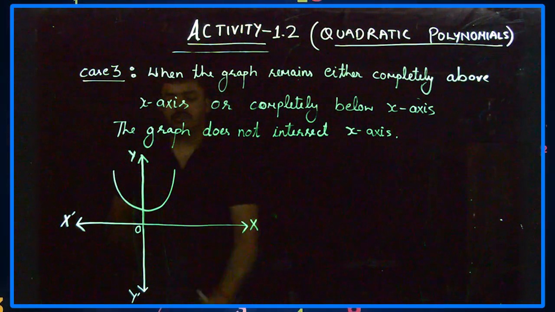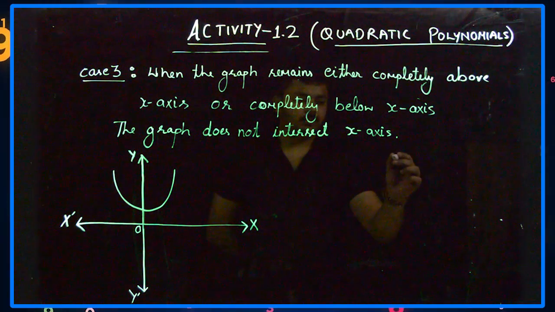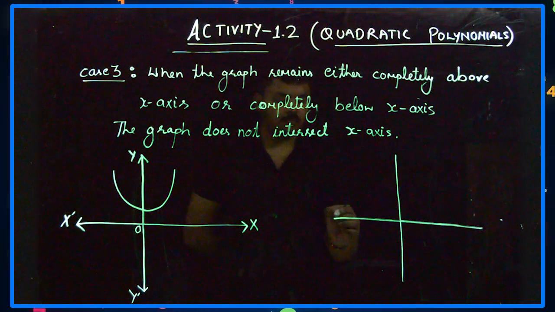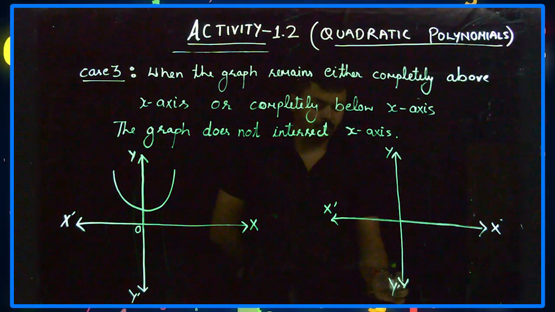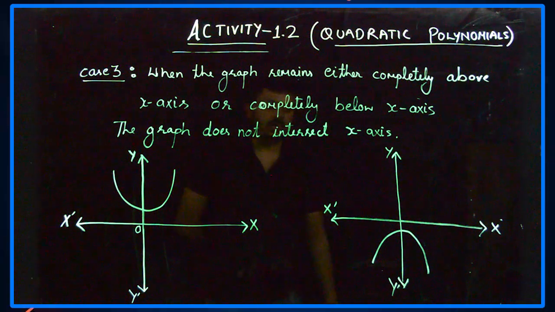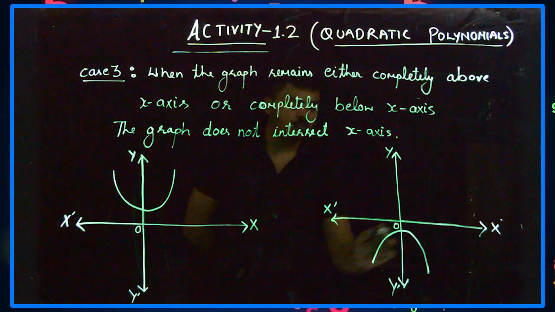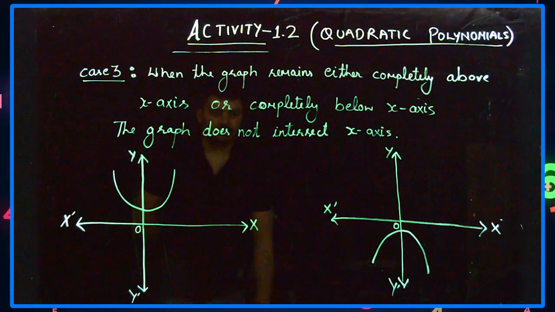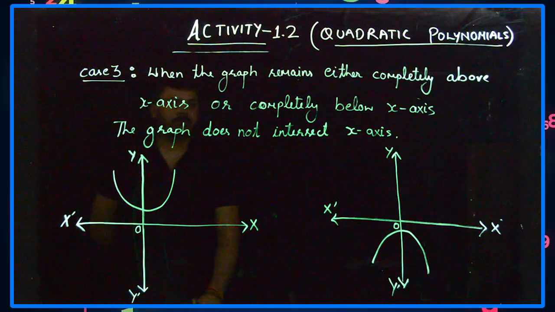So the first condition is the graph remains completely above the x-axis and in the second figure the graph remains completely below the x-axis. So these are the two figures that can be obtained in case 3.